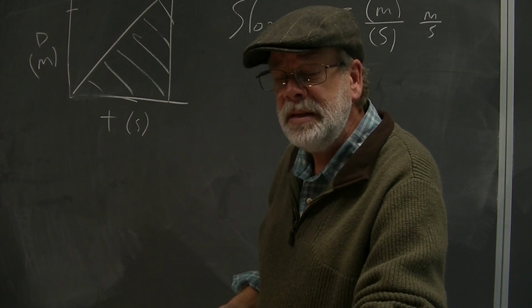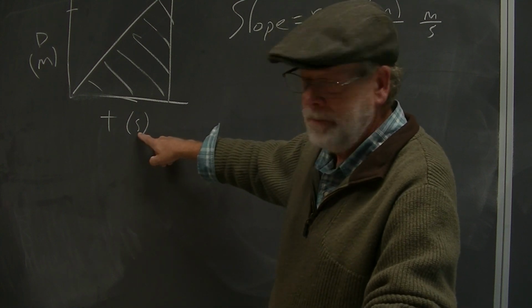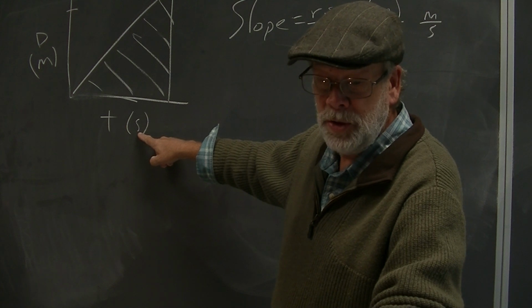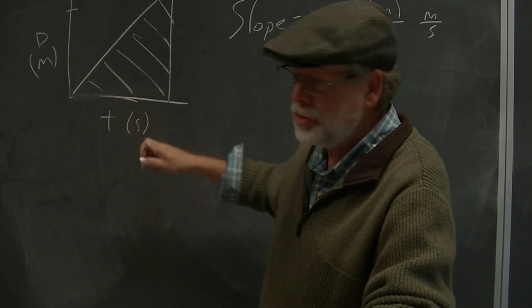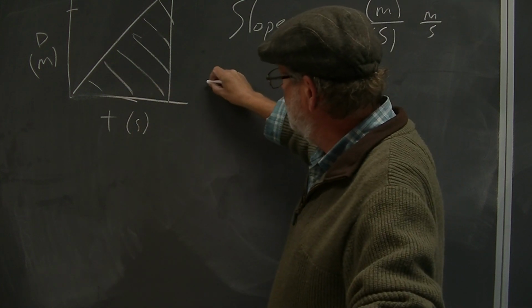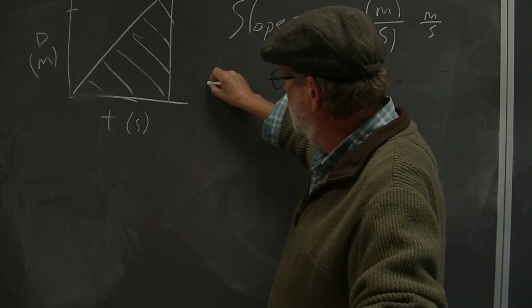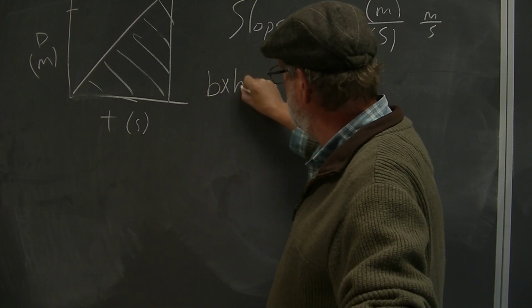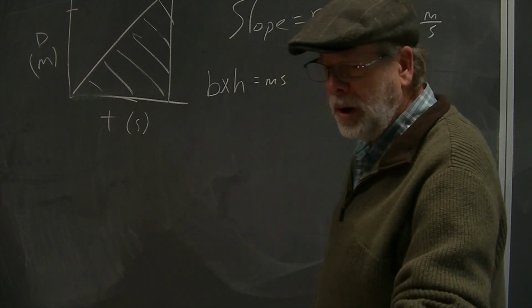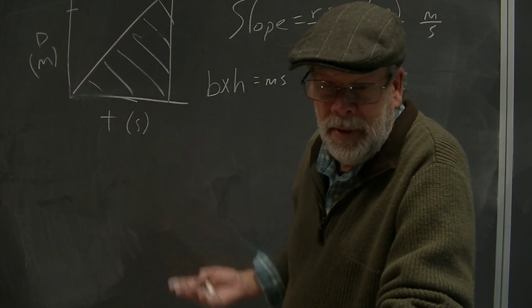What's the units of base? Seconds. What's the unit of height? Meters. So base times height equals a meter second. And what is a meter second? Nothing. It has no meaning.